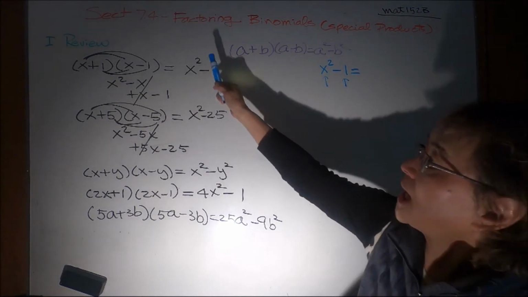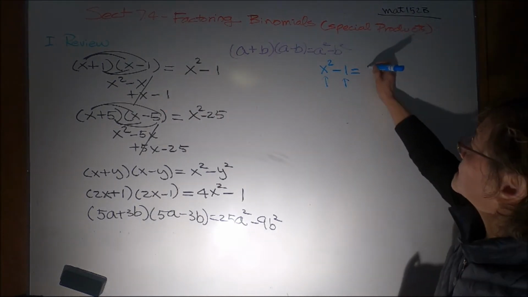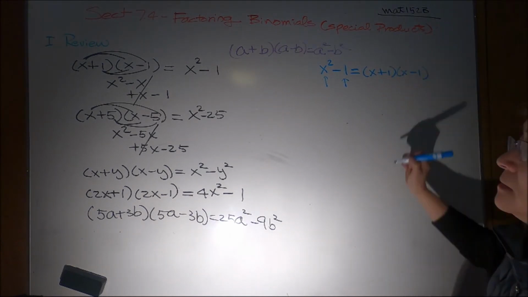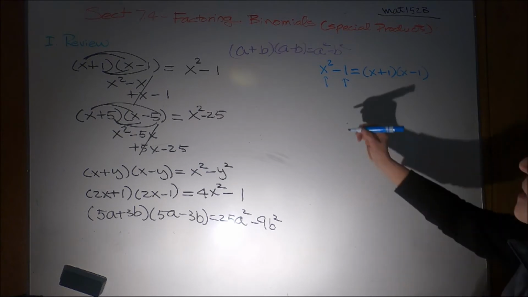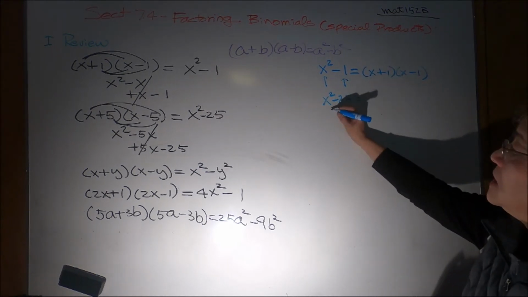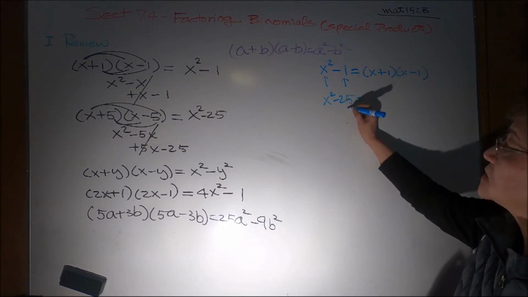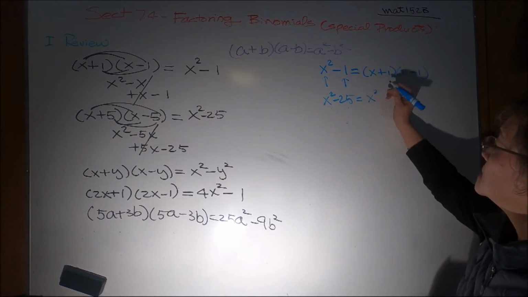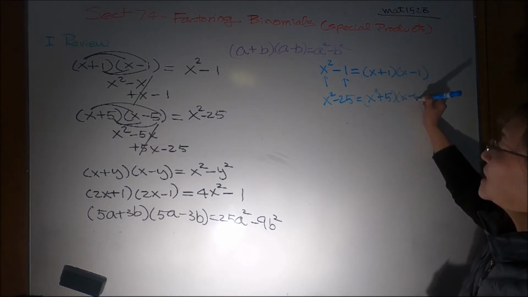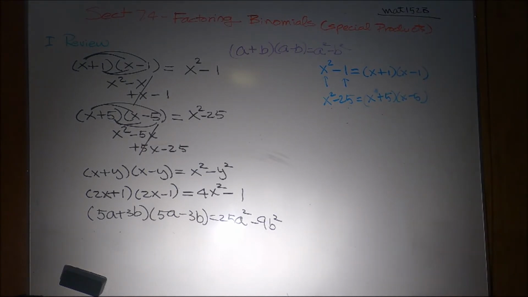You should do the opposite. If it's a minus, that would be x plus 1, x minus 1, right? If you have x squared minus 25, what should you have? If both are perfect squares, you should have x plus 5, x minus 5, right?